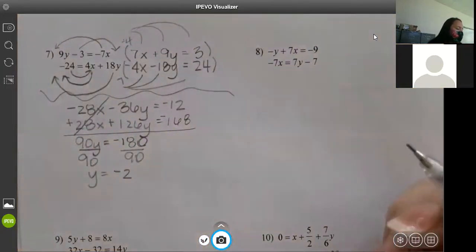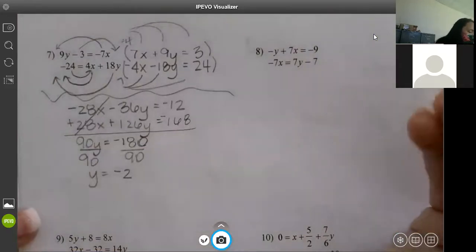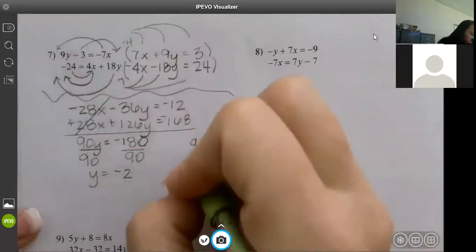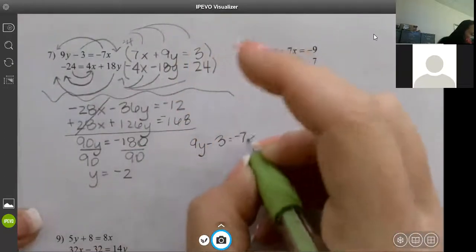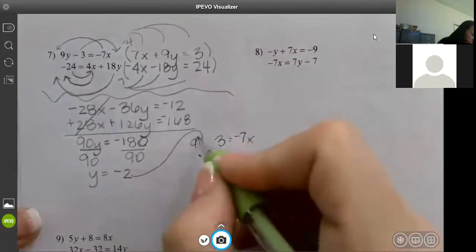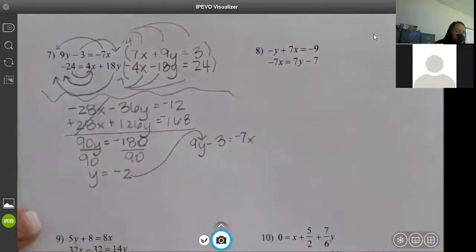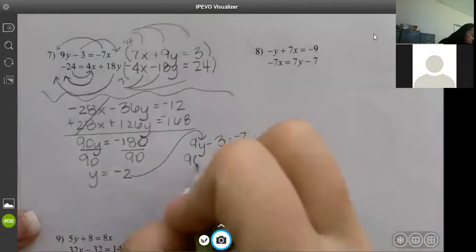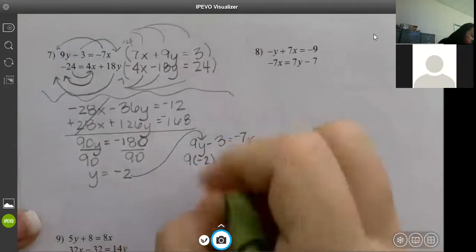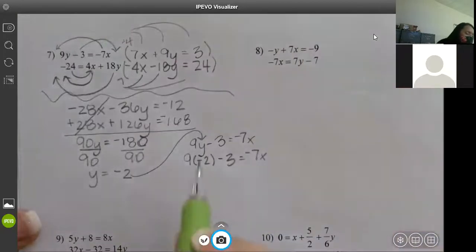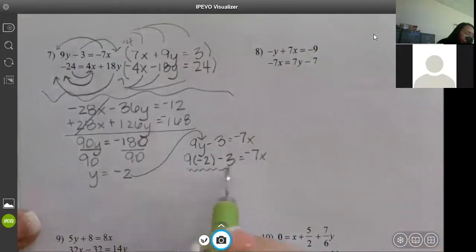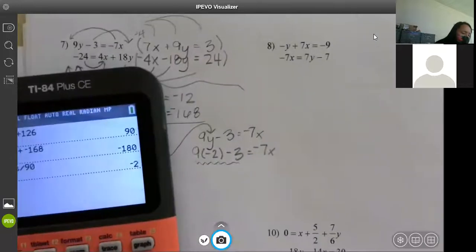All right. Pick an equation, it doesn't matter which one. Let's pick the top one. 9y minus 3 equals negative 7x. This one's going to look just like the last one. We're going to plug in negative 2 for y. So it's going to be 9 times negative 2 minus 3 equals negative 7x. All of this will go in your calculator at one time.